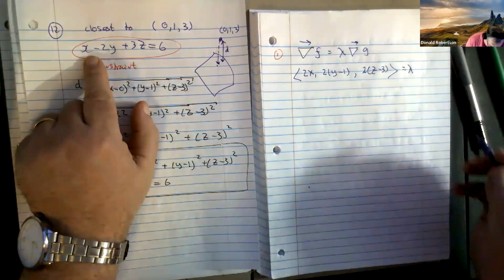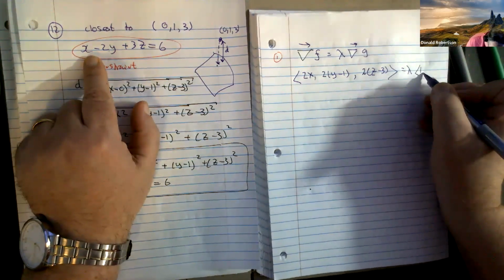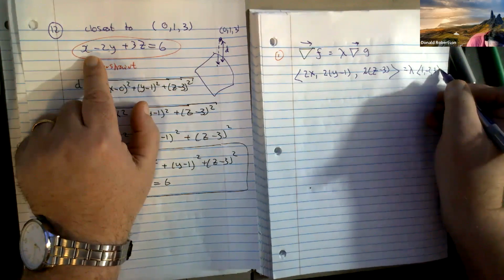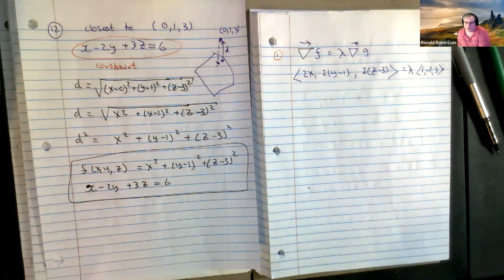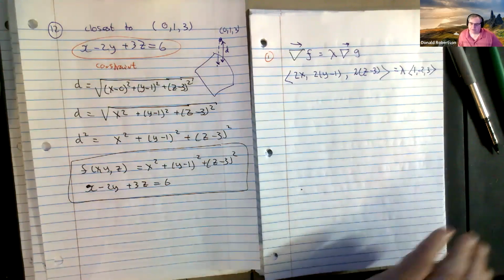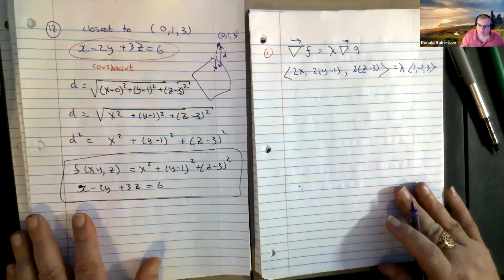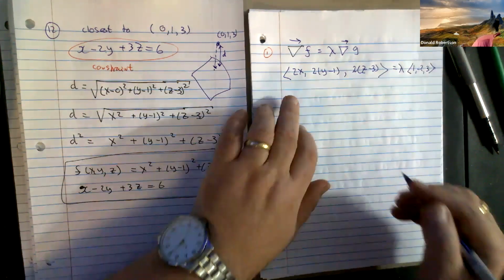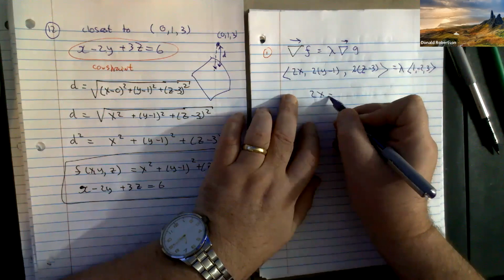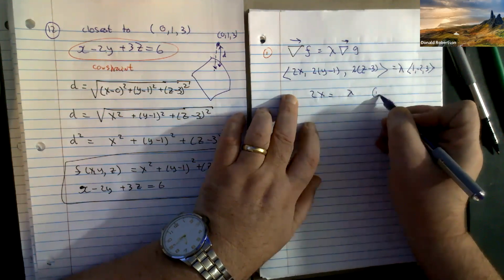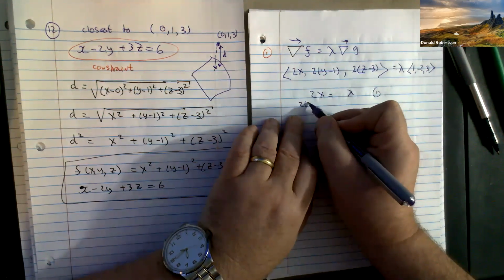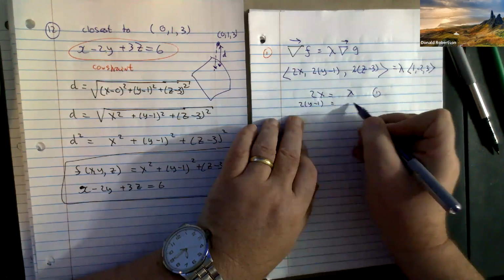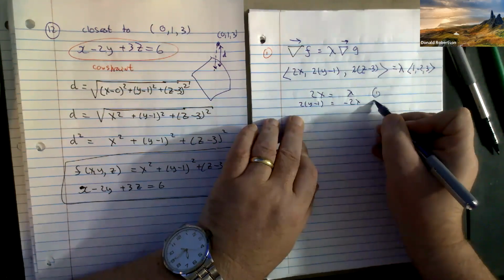Now the constraint function is this guy. So x, y, and z gives me 1, -2, and 3. It's kind of nice. Right. First equation says 2x should be lambda. The second equation says 2y take away 1 should be -2 lambda.